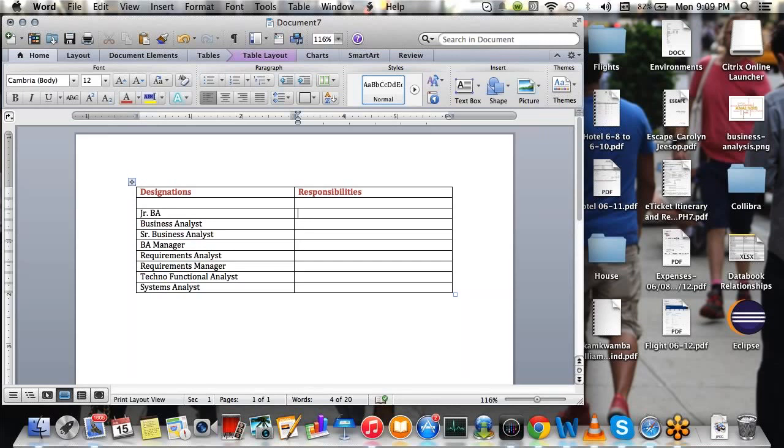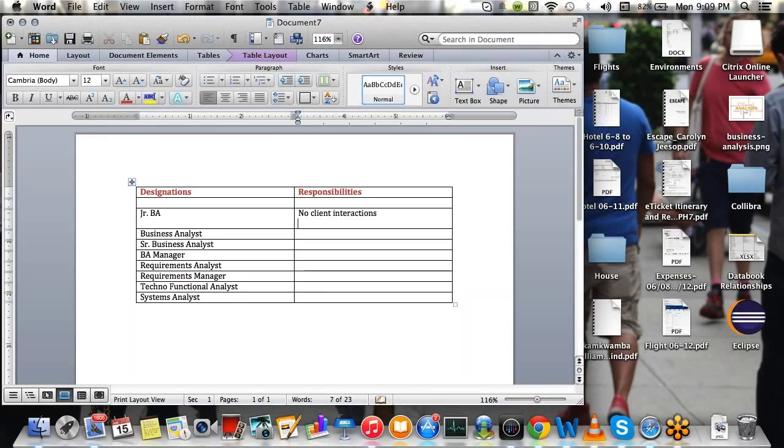In most organizations, there won't be any client interactions, which means we won't ask our junior analyst to become the face of your requirements gathering process, or to interact with the business teams or capture their needs.